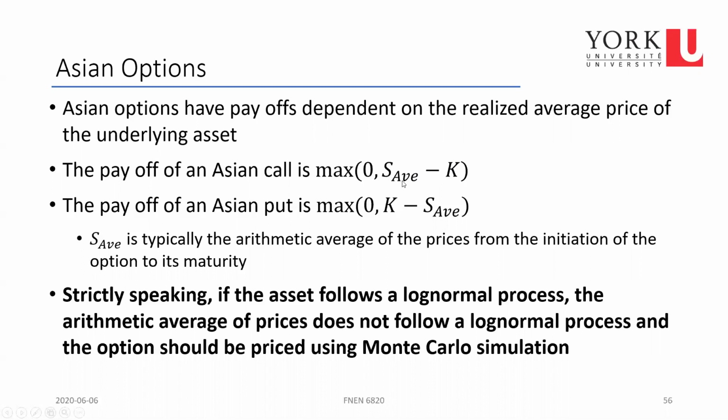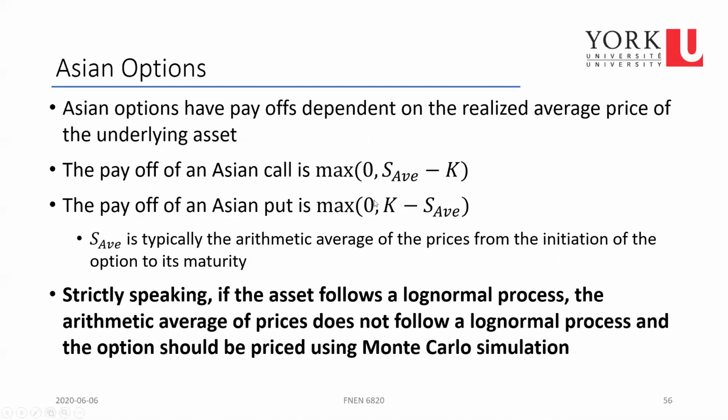So if you look back, you would have an S max here, but here it is the S average. The payoff of an Asian put option is really a max of 0 or K minus the average price over the history of this option.